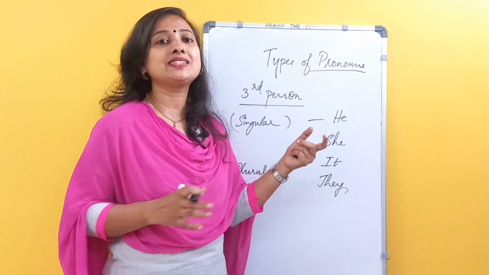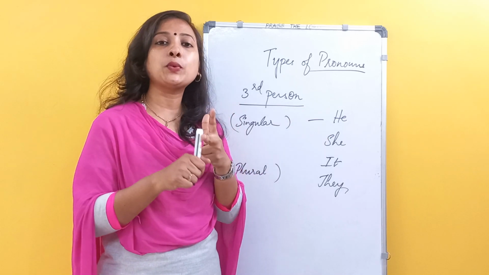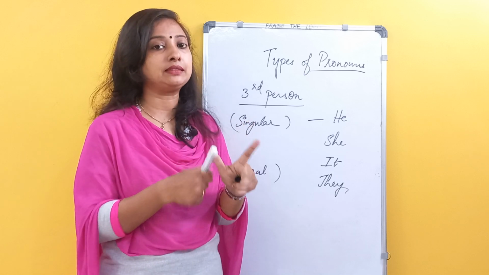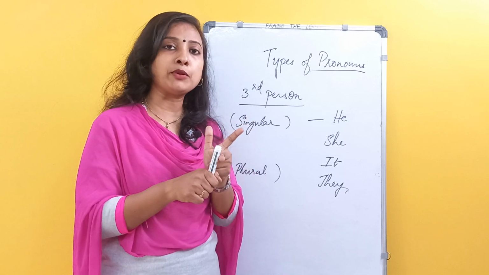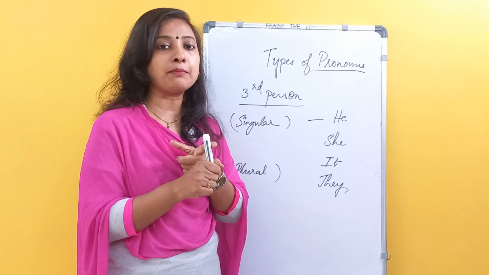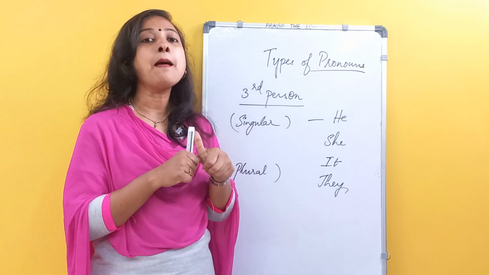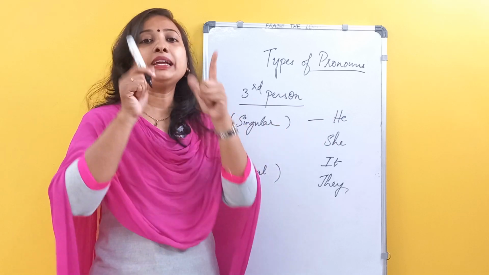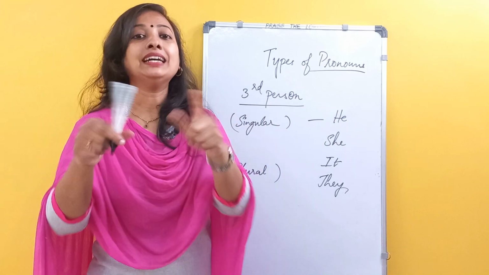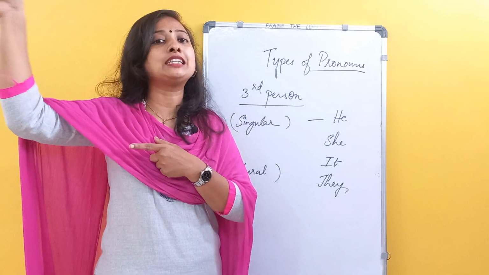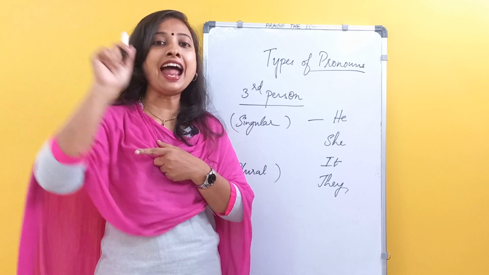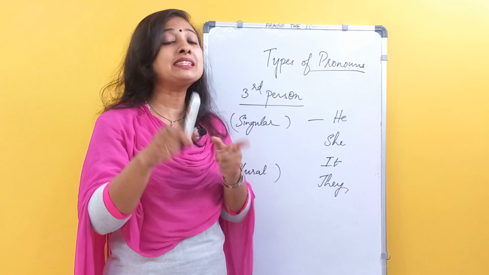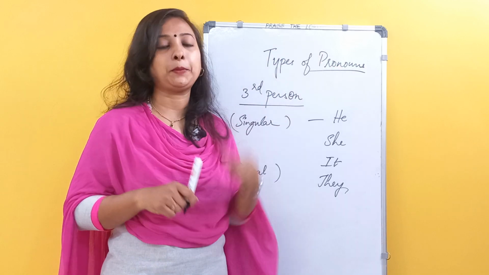So here you have seen three persons, first person, second person and third person. First person singular and plural, second person singular and plural, and third person singular and plural. First person is I and we. Second person is you and you. Third person is someone who is not here, he, she, it. And third person plural will become they.